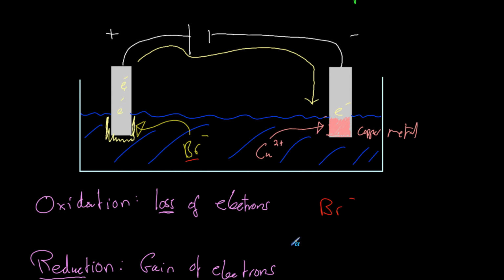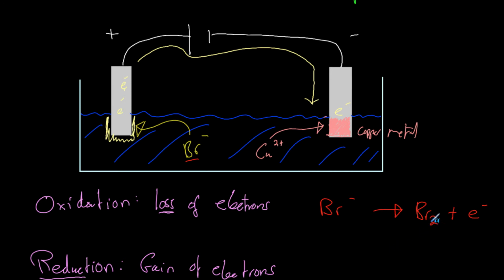Br minus. So Br minus is going to form Br2 because that is your bromine, molecular bromine. How did it form that? Well, it also gave away its electron. Like so. You'll notice these aren't balanced.